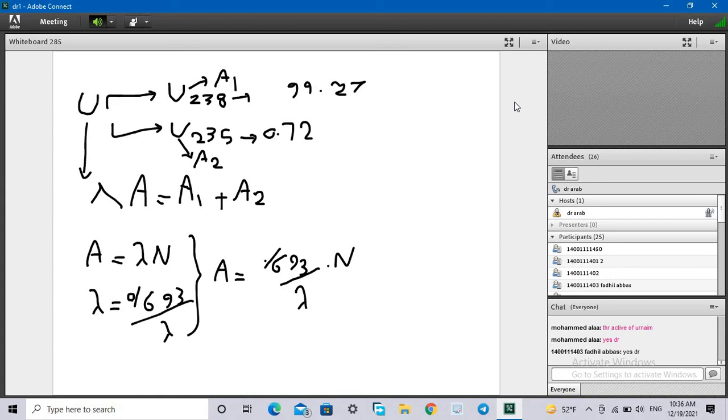As you remember from chemistry, 1 mole of each atom has its mass and consists of 6.022 multiplied by 10 to the 23 atoms.